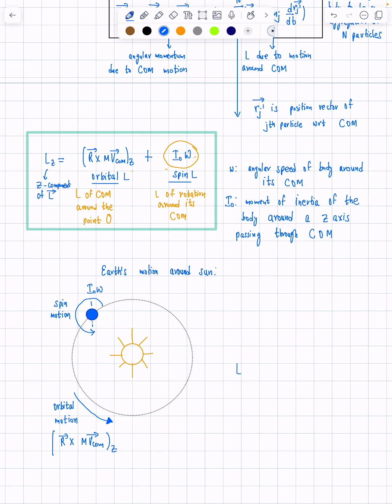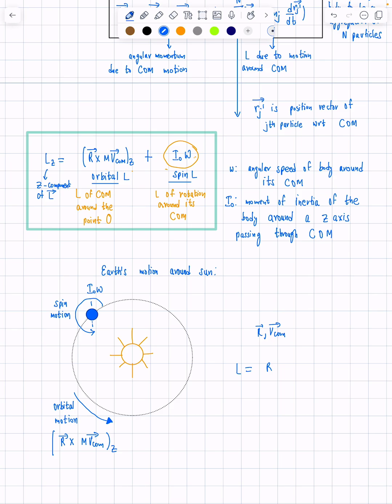In that case, assuming that R and V are perpendicular, and they are lying on the xy plane, the angular momentum will point in the z direction for the orbital part.